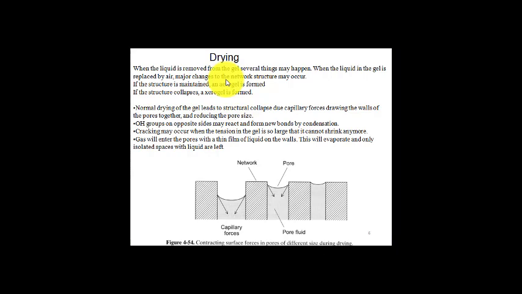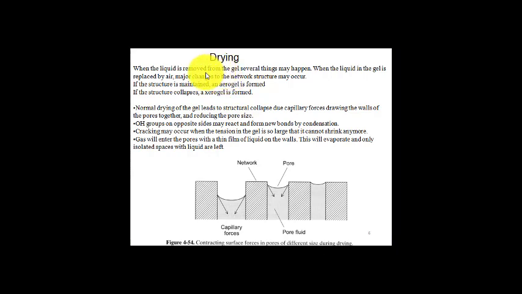Cracking may occur when the tension in the gel is so large that it cannot shrink anymore. The gel will leave the pores with a thin film of liquid on the walls. This will evaporate and only isolated spaces with liquid are left. So during drying, these different processes occur.